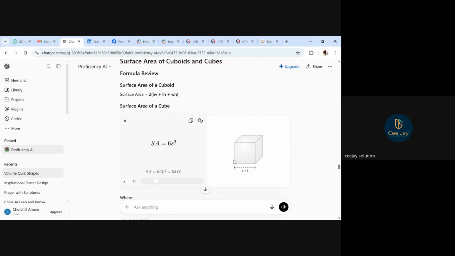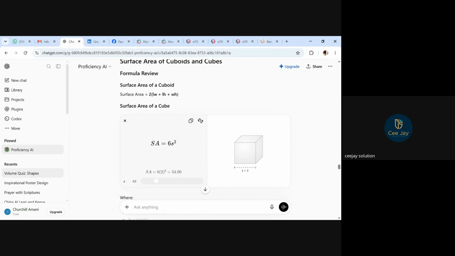We come to the east side now. This shape is length, and here is height. We are assuming this is a cuboid, not a cube. So length times height.